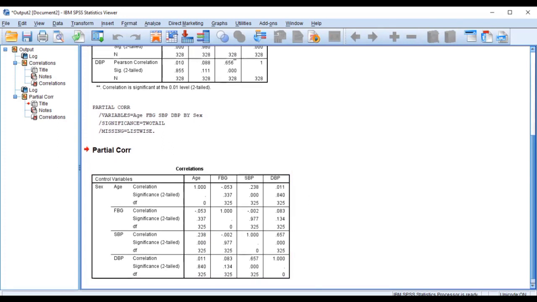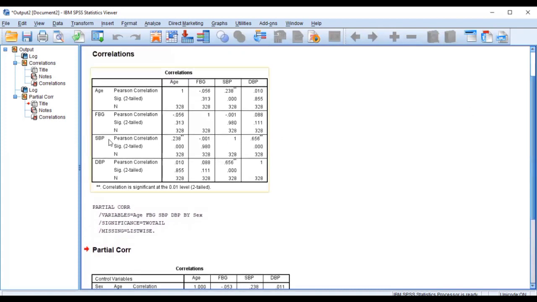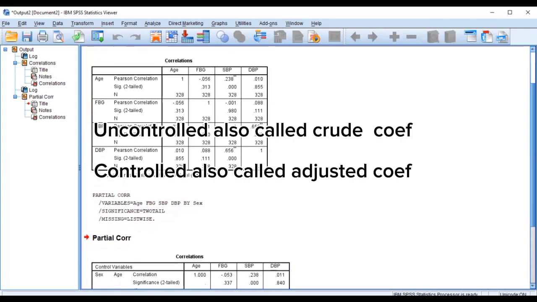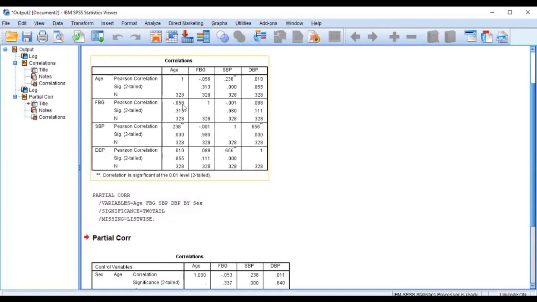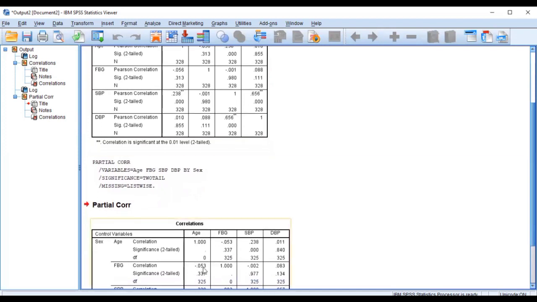So now let's compare the uncontrolled coefficients, and then the one we controlled for sex. So the uncontrolled one has negative 0.0564 for FBG, but here it has slightly reduced. So it means controlling for sex has some effect on it.